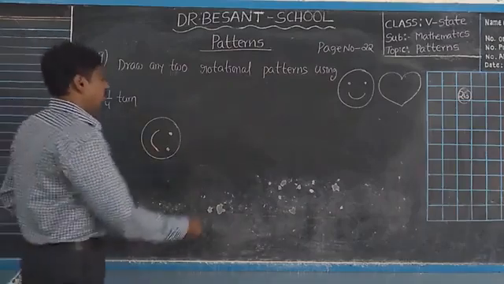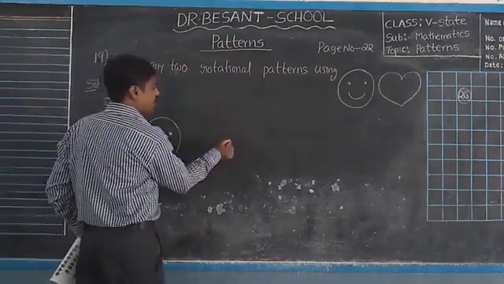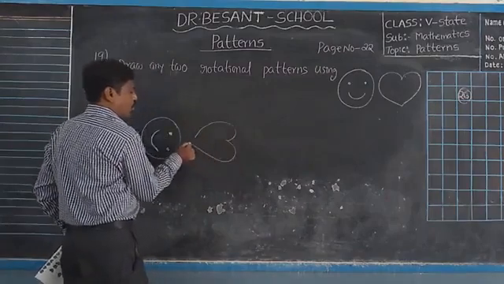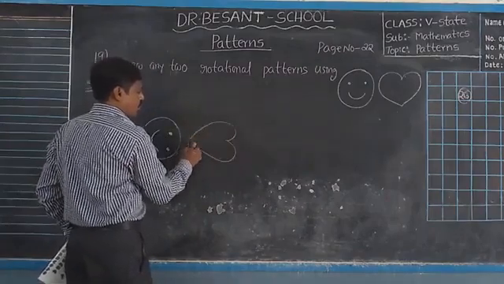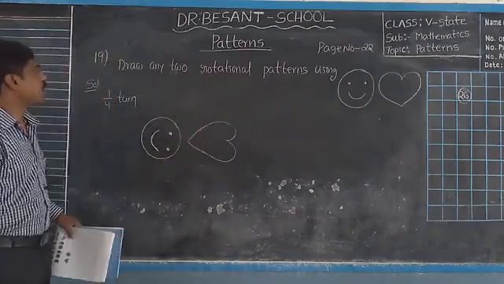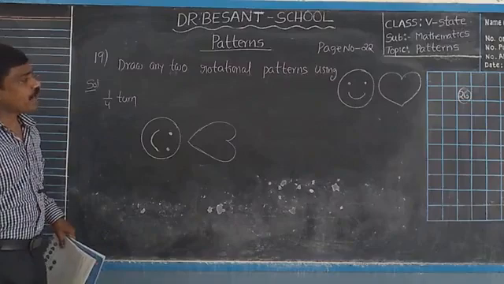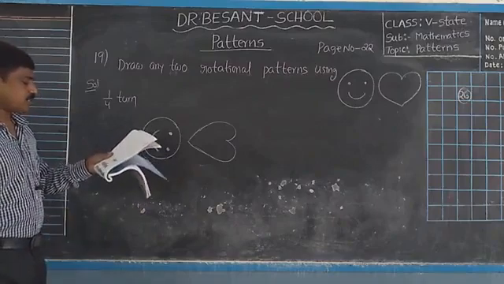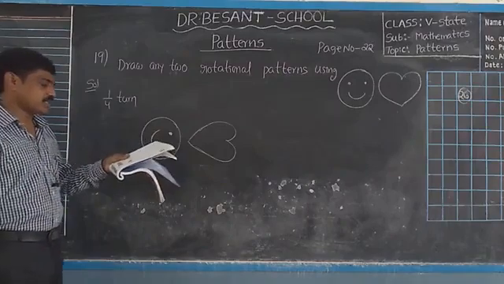Next, it will be like this. Clear children? So draw any two rotational patterns using 1/4 turn. Okay. Next, by rotating 1/4 turn.